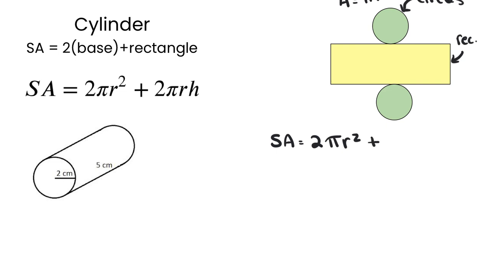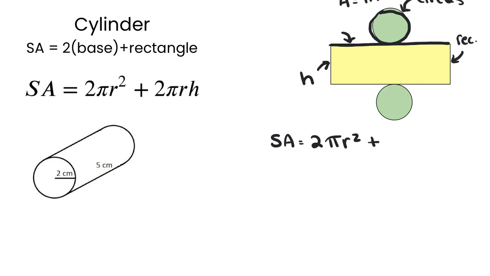In order to find the rectangle, we need to find this side and this side. The shorter side is always going to be our height, and the longer side that goes around the circle in this example is the circumference of the circle. If we were to open up the circle and lay it flat, it would be the same length as the side of the rectangle.